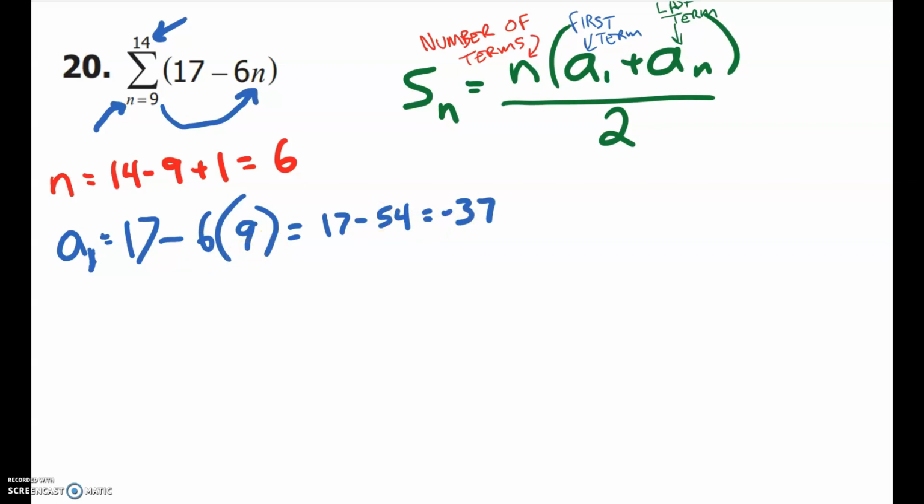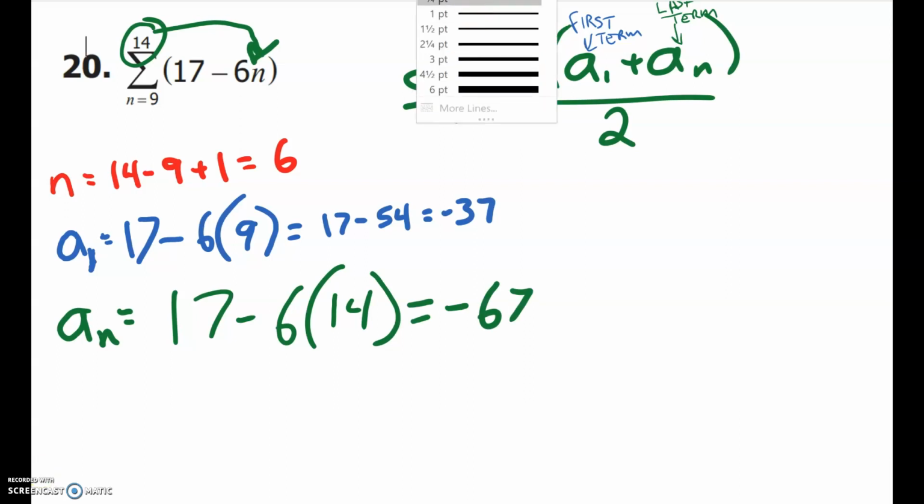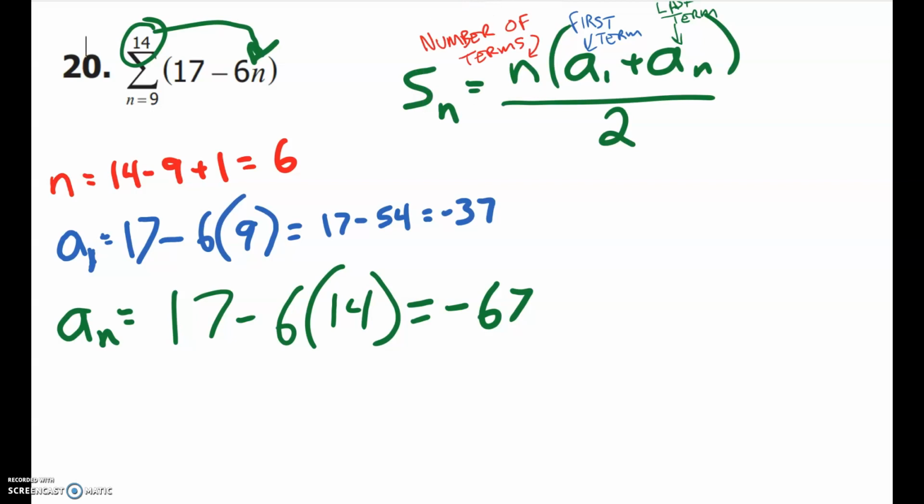Now we need a sub n, which is the last term. Okay, so we know that we put in 14. This is where n stops. So to get the last term, we plug in 14 right there. So it's 17 minus 6 times 14, which is negative 67.